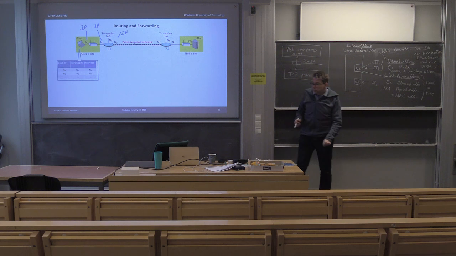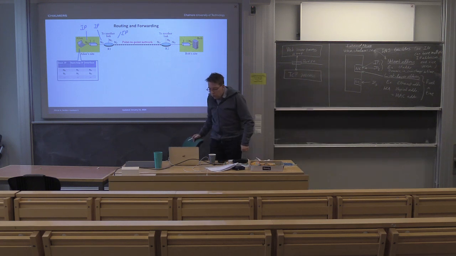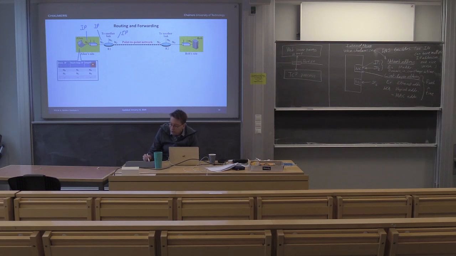It may seem a little odd that we specify the interface in terms of its IP address rather than its physical address. But remember that this is all in the IP layer, so it's more convenient to work with the IP addresses.